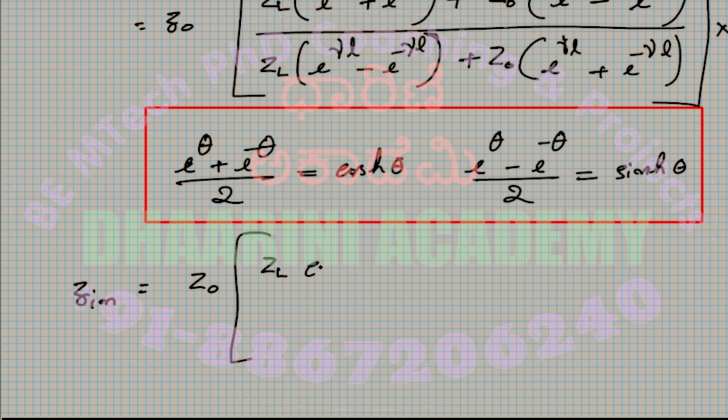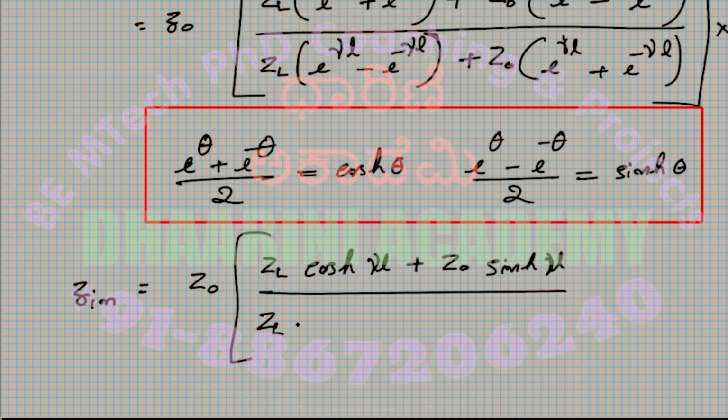So that should be cos hyperbolic, cos h of gamma L, plus Z naught into, this is sine? Yes, sine hyperbolic of gamma L, whole divided by ZL into sine hyperbolic of gamma L plus Z naught into cos hyperbolic of gamma L.